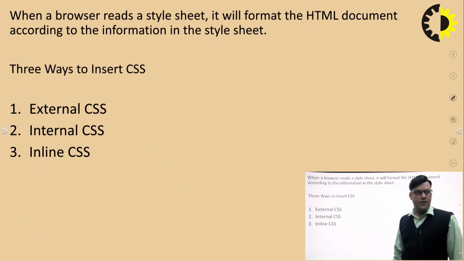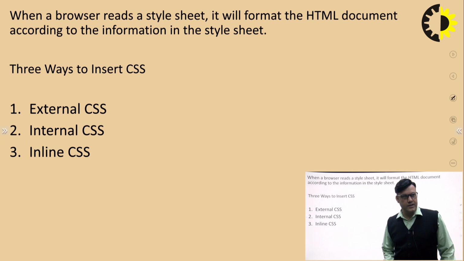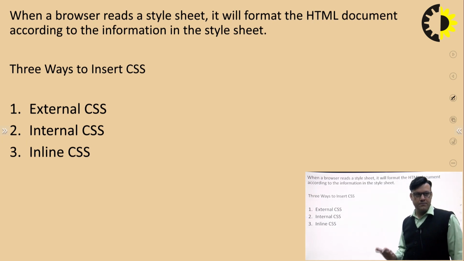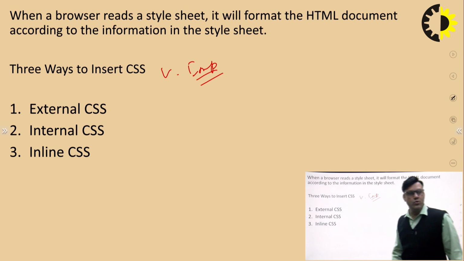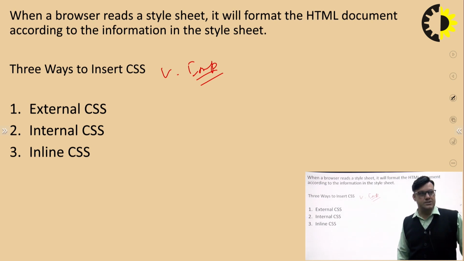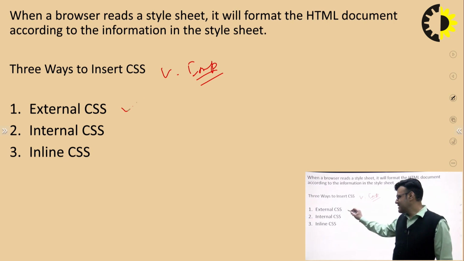Okay. Now another important thing is that, so now we have learned how we are going to use a number of selectors. Now how we are going to insert CSS, this is also very important. We should all know how to include the CSS on our web page so that the browser can read those styles. Number 1 is external CSS, number 2 is internal CSS, number 3 is inline CSS.